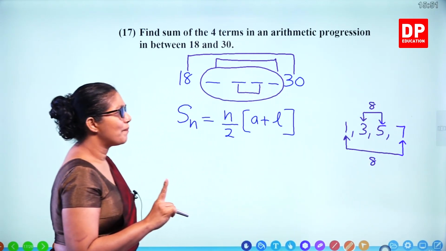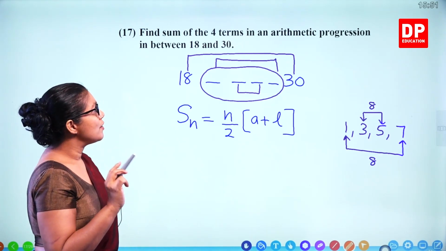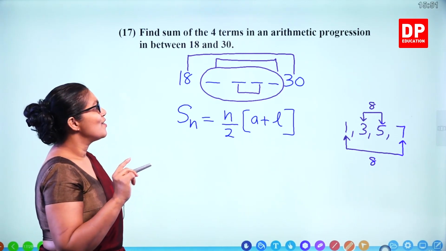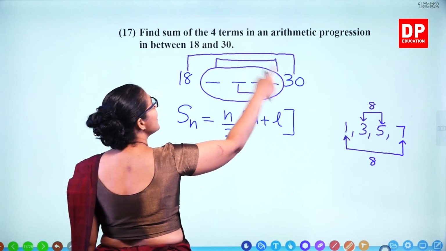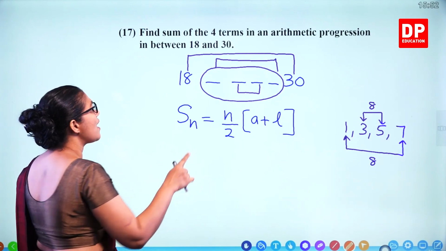Same sum. When you have an arithmetic progression, you can use that property. So whatever the first number and the last number, we can take the other two sum instead of that. How many terms are there?